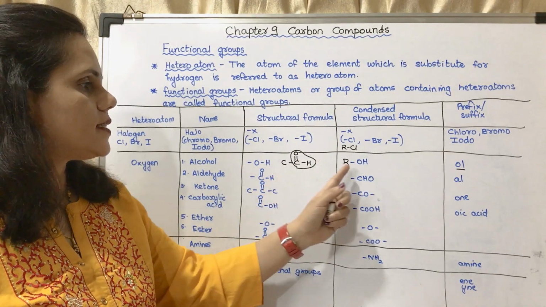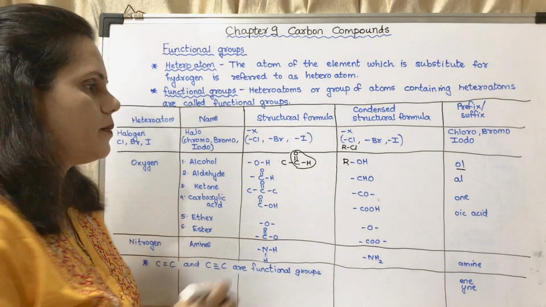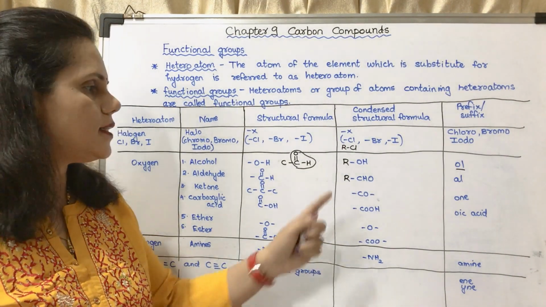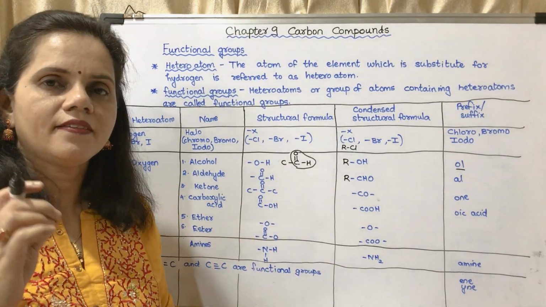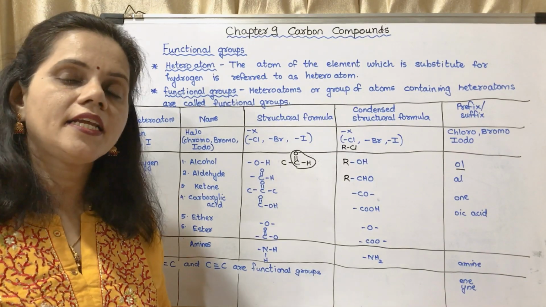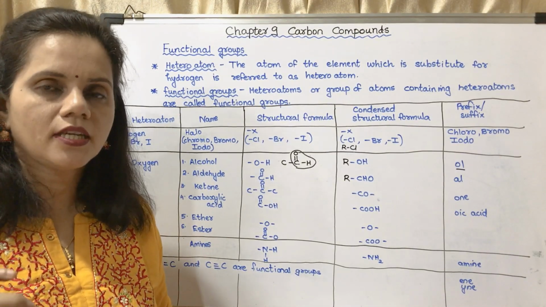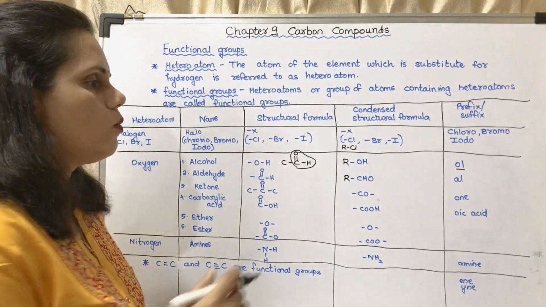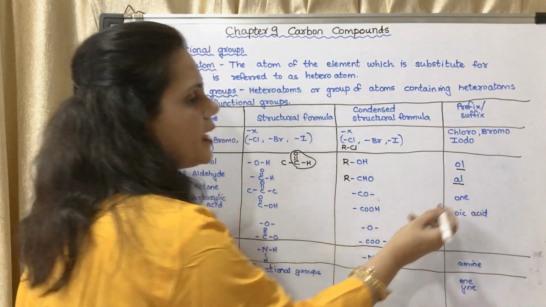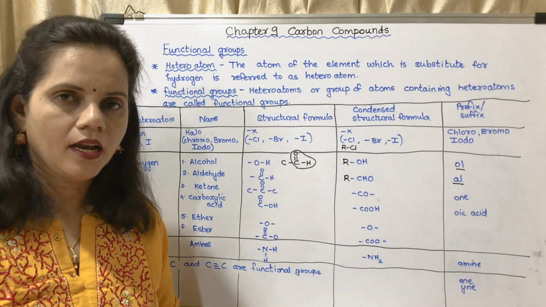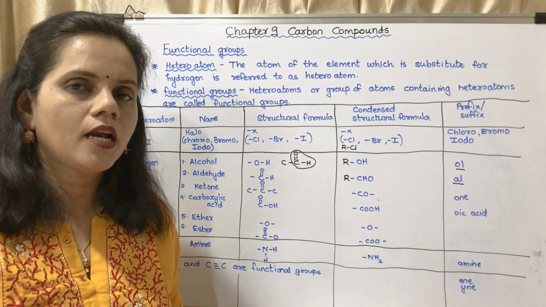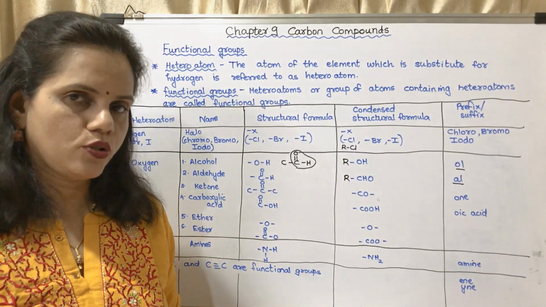So this is the condensed structural formula. It will be RCHO. This R could be either one H or any number of C chains. What is the suffix added? The suffix added is AL. So it could be methanal, ethanal, propanal, butanal and so on.